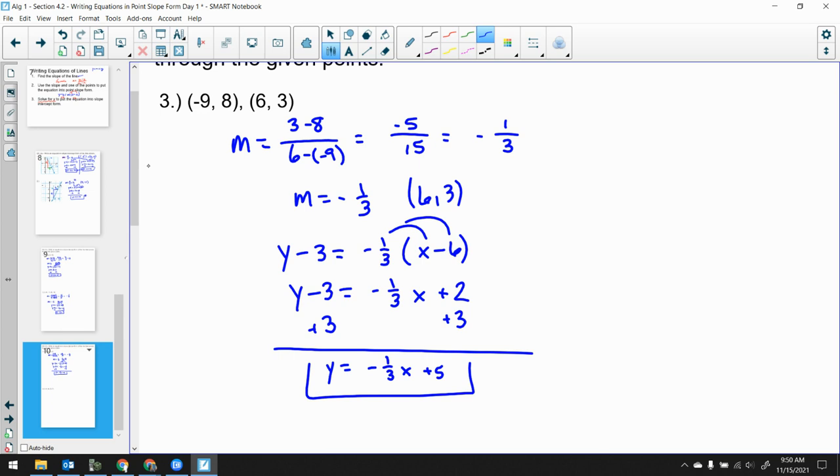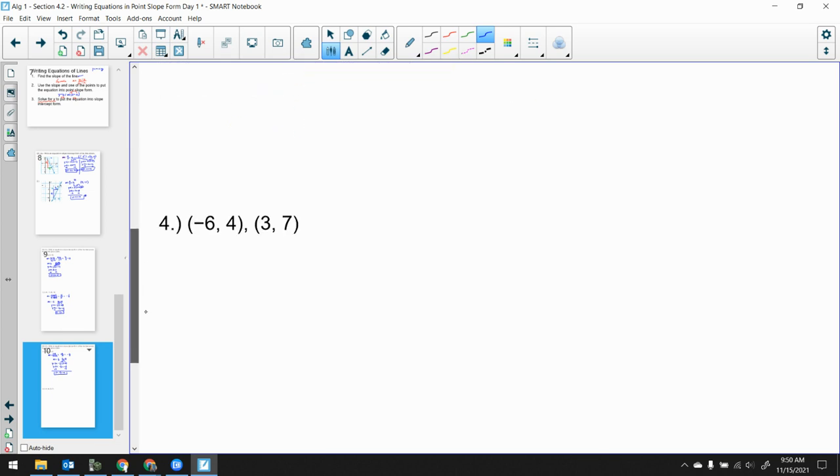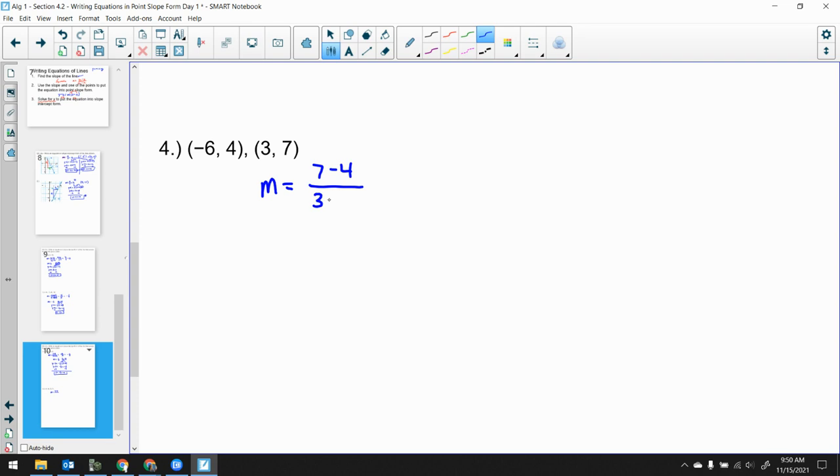And our last one here. Same type of thing. Not changing a thing here. First step, find the slope. 7 minus 4 over 3 minus -6. So 7 minus 4 is 3. 3 minus -6 is a +9, which is 1/3 again. Let's pick 3 comma 7 again because it's both positive.